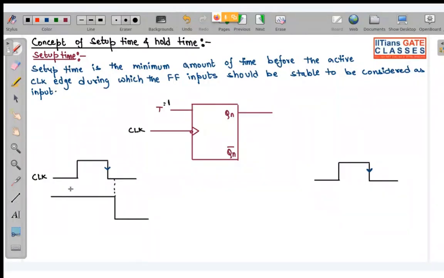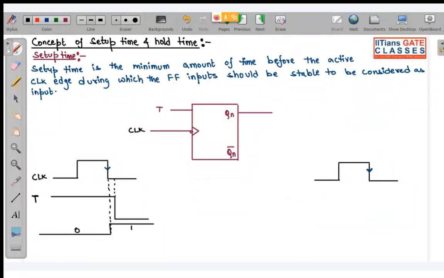You can see this is your input, this is T. If initially the flip-flop was reset, the moment we get the active edge, with input T equal to 1, your flip-flop is going to toggle from 0 to 1 at this particular state.